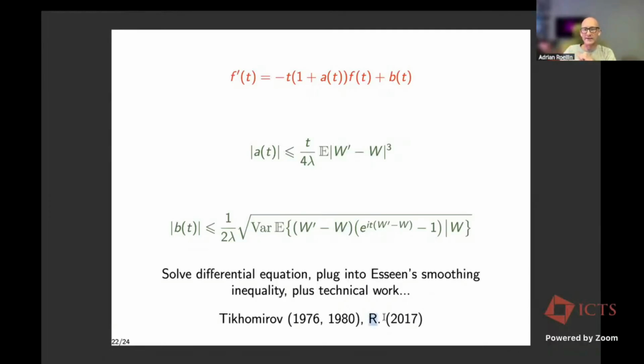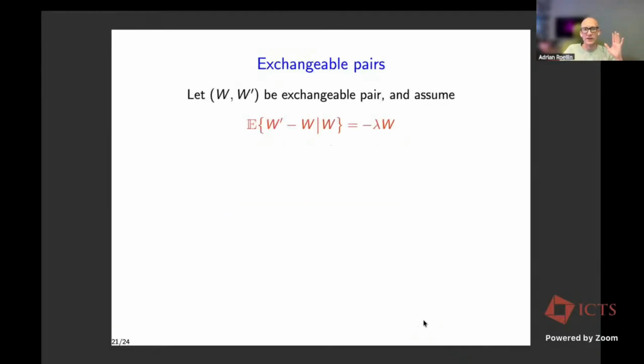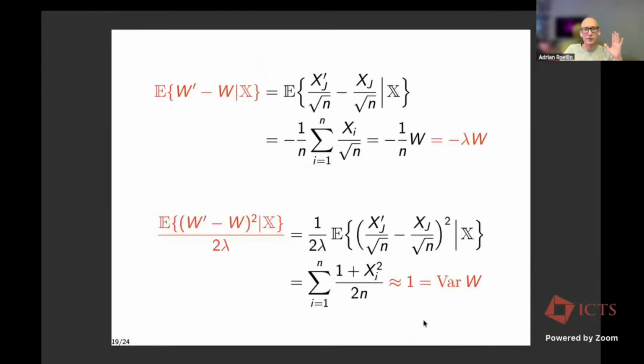I picked up on that work again a few years ago, because there's something puzzling. If you work with characteristic functions, there's a technical phenomenon: it doesn't matter whether these summands are bounded or unbounded.